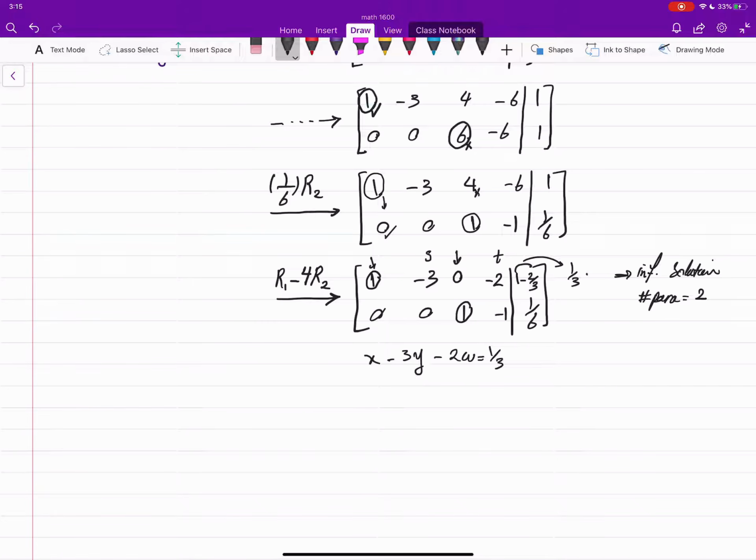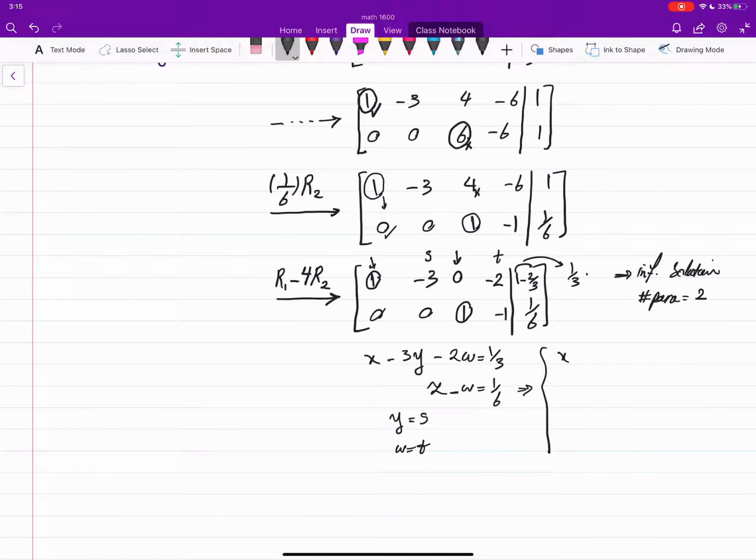And this other one is z minus w is equal to 1 over 6. And we decided to set y to be s and w to be t.